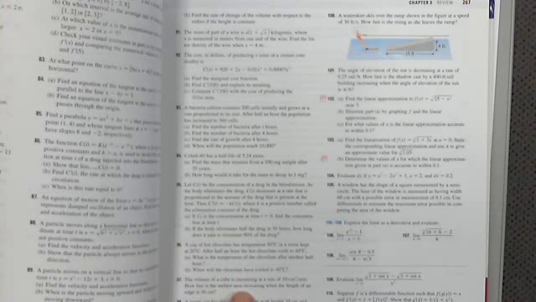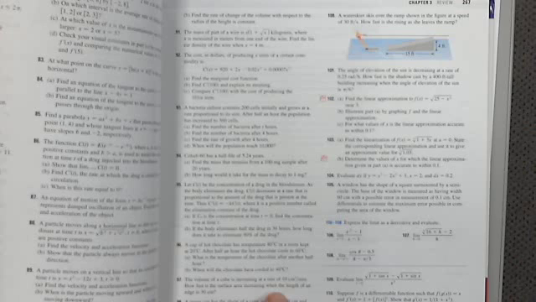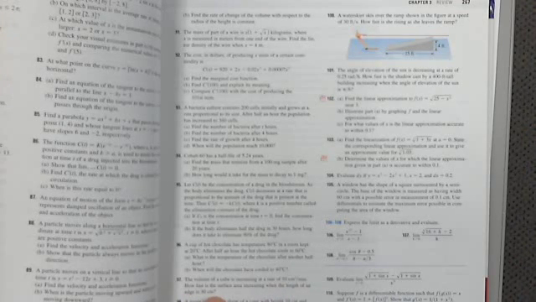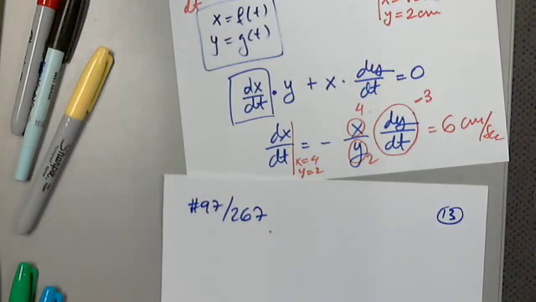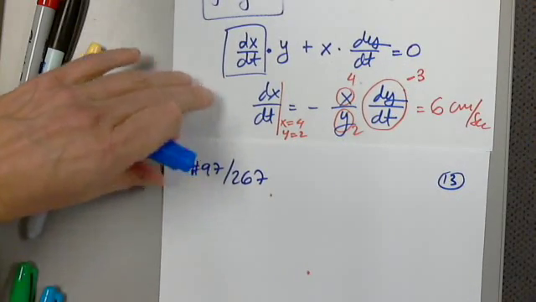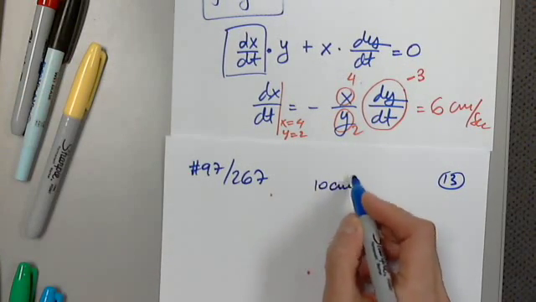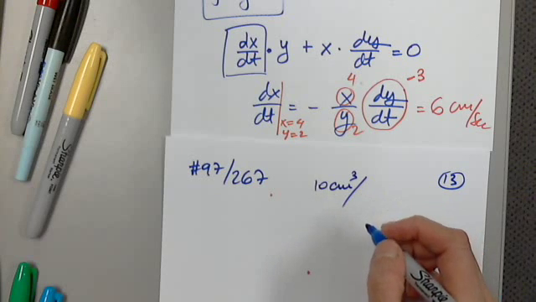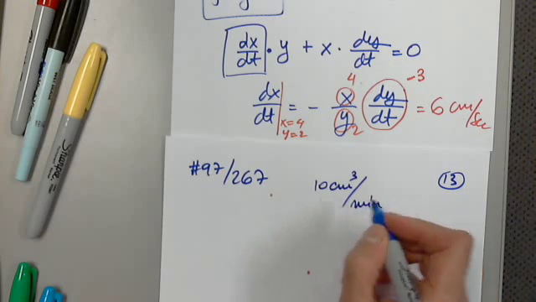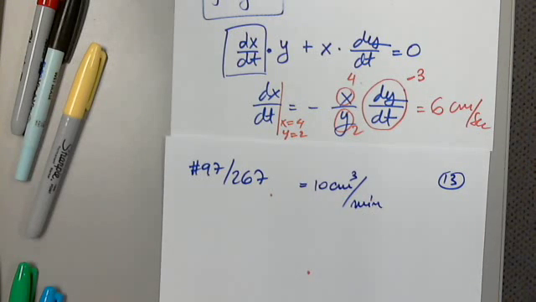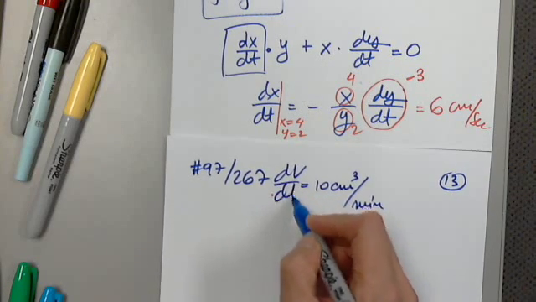How fast is the surface area increasing when the length of an edge is 30 centimeters? So the volume of the cube is increasing at a rate of 10 cubic centimeters per minute. What does this mean? dV/dt.